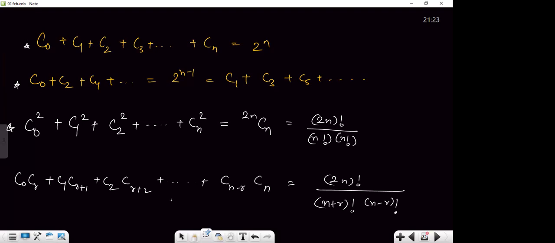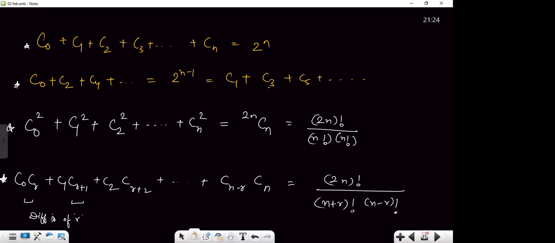And the fourth one is also important. Take care to remember the fourth one. The sum, no, sorry, the difference. Here is the sum of squares of binomial coefficients from nC0 to nCn.